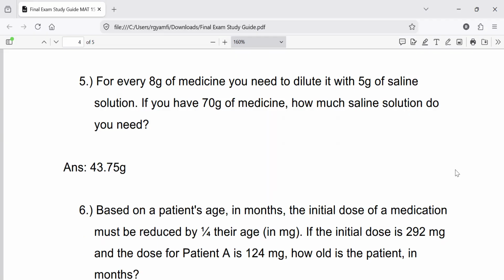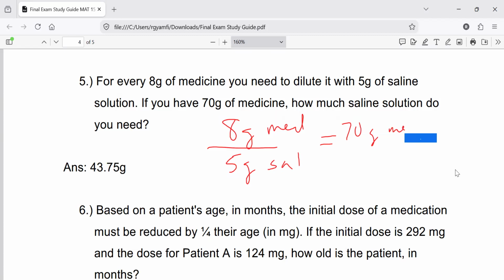For every 8 grams of medicine, you need to dilute it with 5 grams of saline. So I set it up in a nice way. If you have 70 grams of medicine, I put medicine on top, and on the other side, medicine on top again. How much saline solution do you need?